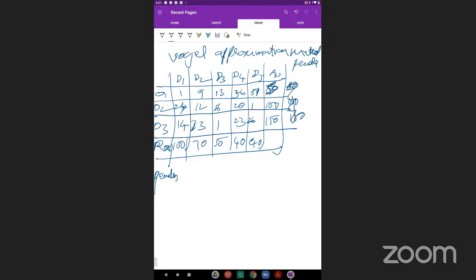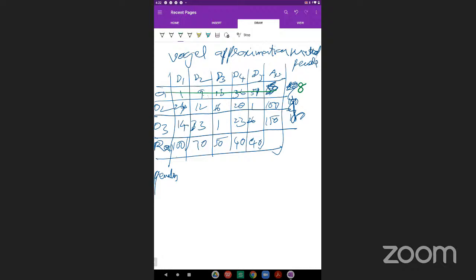Penalties I want to identify. Now penalty means the difference between the least element and the next least element. I want to identify the least element in the entire row. In the first row, the least element is 1. The next least is 9. The difference between these two is 8.